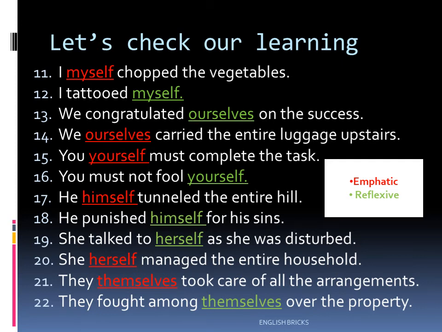The remaining 12 sentences in front of you also come with their answers. Again, the pronouns which are in red are the emphatic pronouns, and all the pronouns which are in green are the reflexive pronouns. I hope you have got all the 22 sentences right.